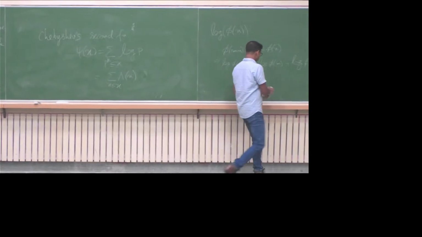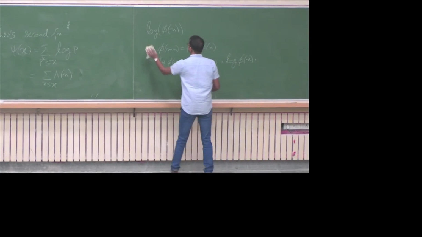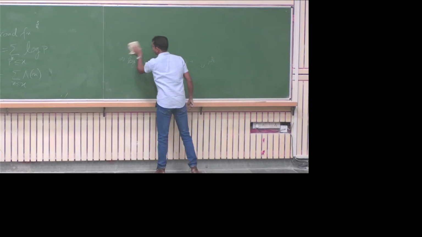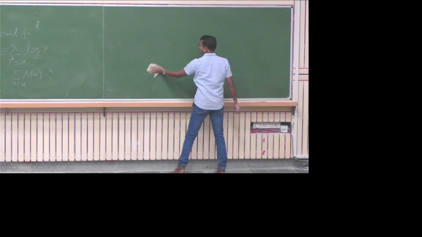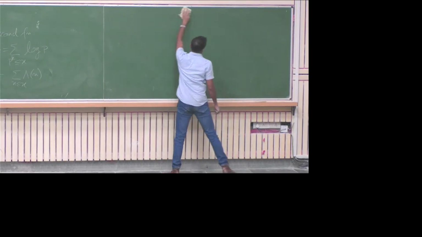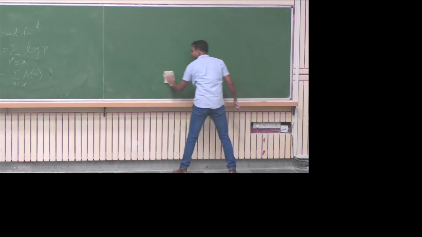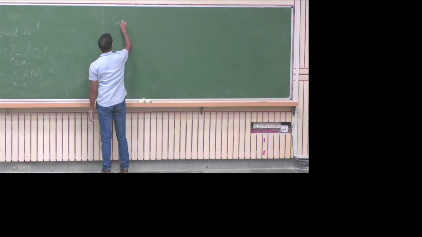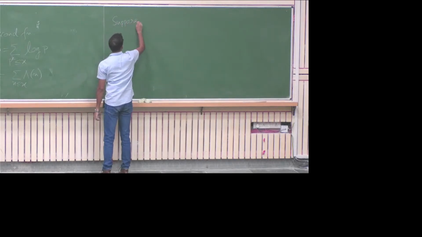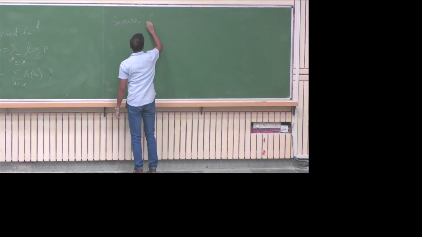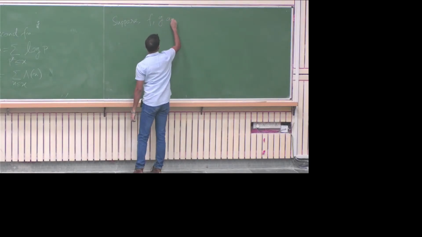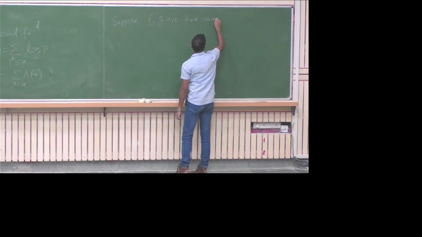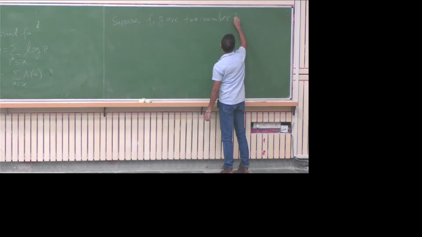So once we define the convolution of functions, let me define it immediately actually. Suppose f and g are arithmetic functions.